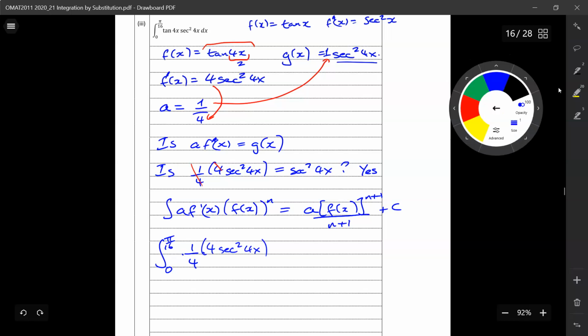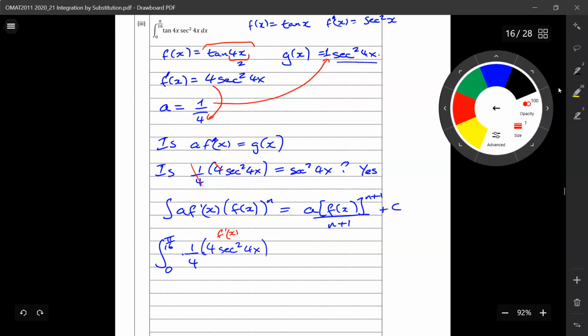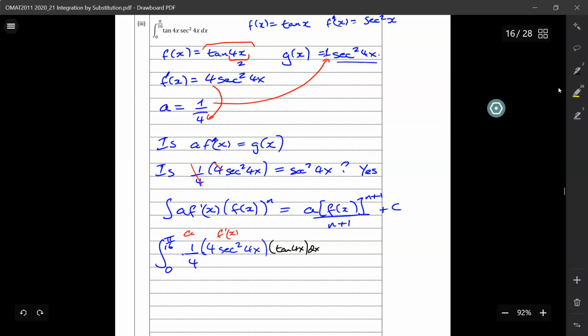Sorry, I was supposed to put in the first derivative here, so this is a times the first derivative, and then we have f at x, which is the tan of 4x, and we have our dx here.